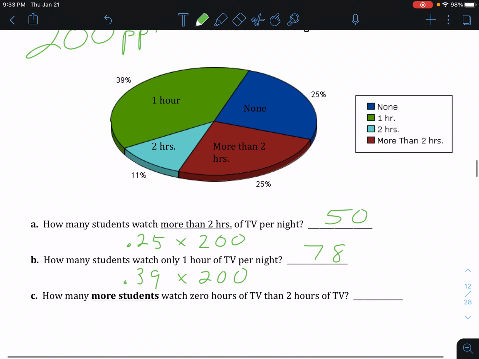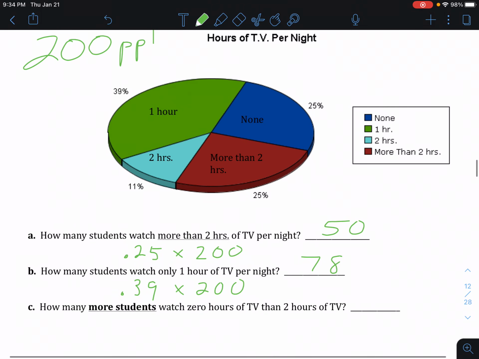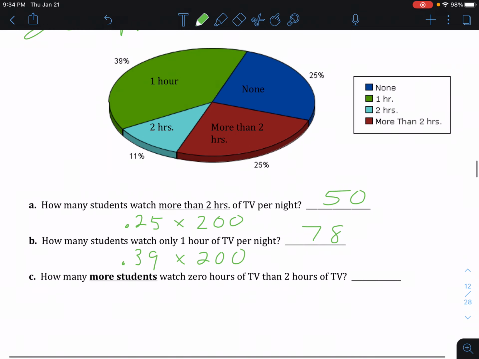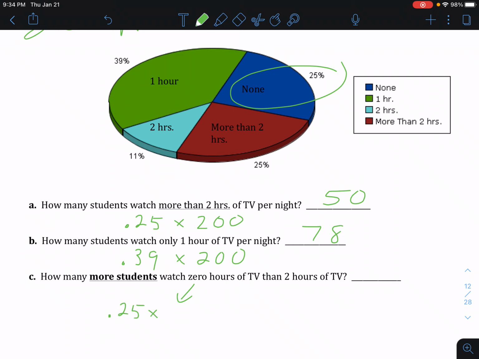All right, letter C, how many more students watch 0 hours of TV than 2 hours of TV? The 0 hours can be none, so that would be 0.25 times 200. That would be 50 people.